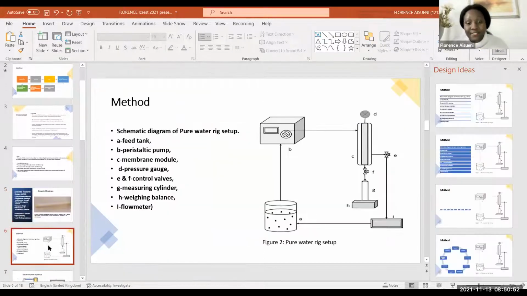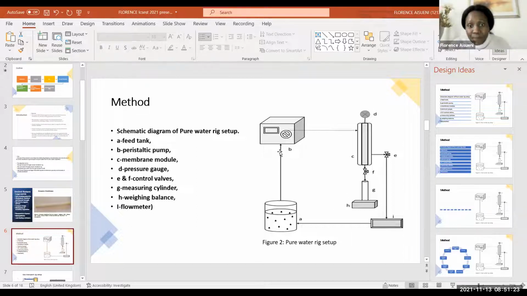Basically, this is a schematic diagram of my rig setup. It consists of a feed tank which houses the oil-water emulsion. There's a peristaltic pump that pumps it into the membrane module, and the membrane module houses the ceramic membrane that has been used, and there is a pressure gauge to measure the pressure that goes into the membrane module.